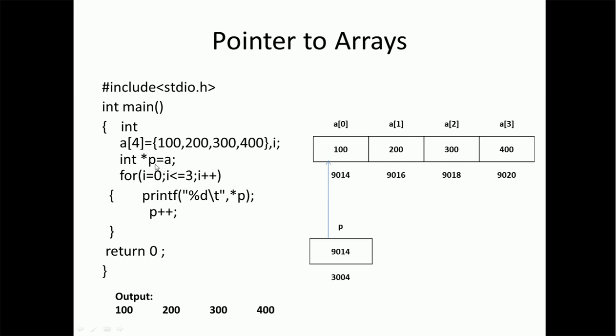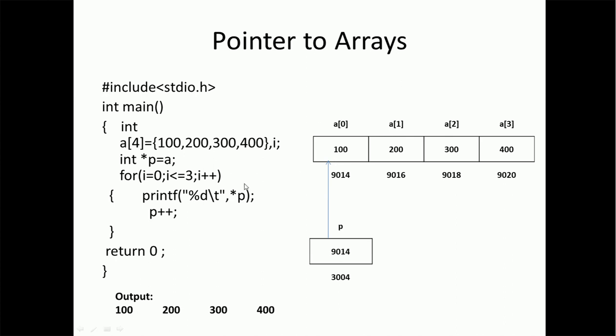So now p is pointing to the array a, as given in this diagram. This is array a, and a0, a1, a2, a3 are the elements of this array. P is holding the base address of the array, the address of the first element. Because the address of the first element is 9014, p will hold 9014. Now p is pointing to the array a.